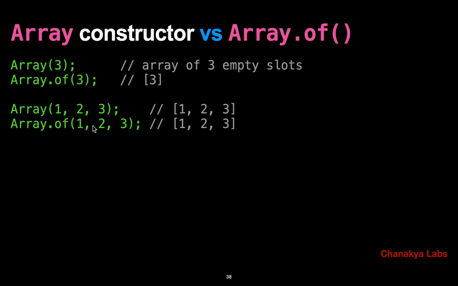Whether you provide 3 values, 2 values, or 1 value, it will always create an array of whatever values you have provided. So we can clearly see that Array.of is a simpler syntax, and to create arrays from some values, you should use Array.of rather than the confusing syntax of the array constructor. Okay, so that should be all for this video. See you in the next one.